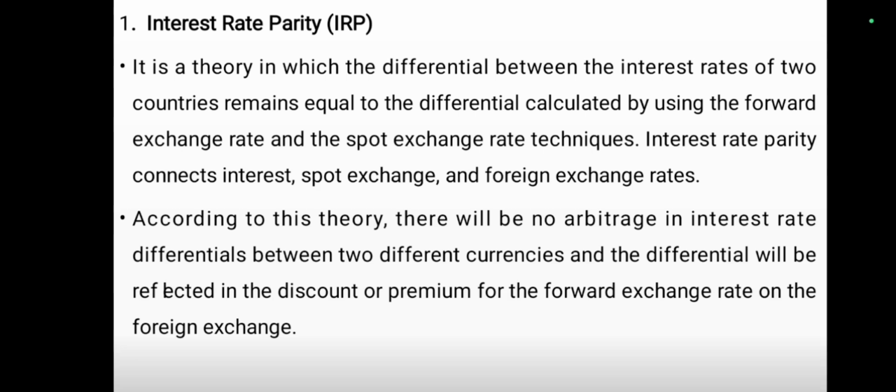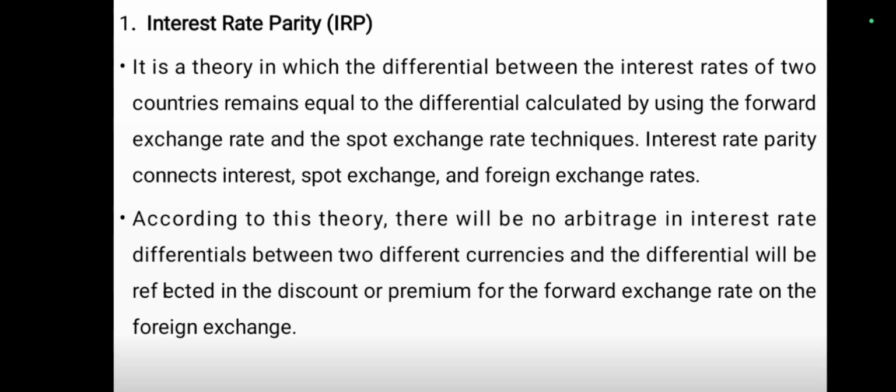Take for example, you borrowed at 10% in US dollars and invested in the Indian market at 15% interest. Don't think that you can get a profit of 5%. US has 10% interest, India has 15% interest, but you can't make a 5% extra profit, because the rate of exchange will not remain constant.